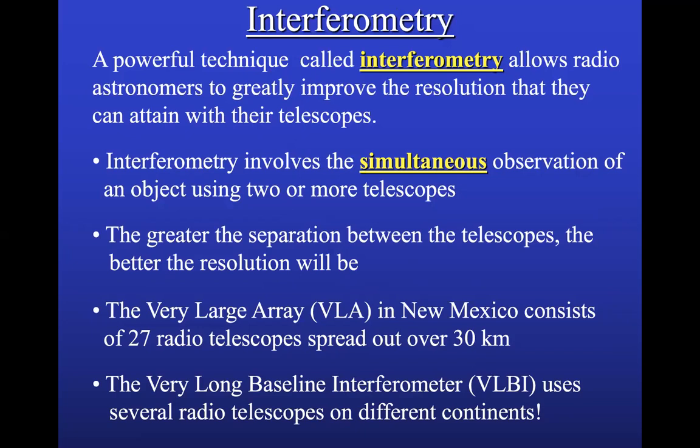Now, to improve the resolution of radio telescopes, a powerful technique that we use in physics is called interferometry, right? This has actually allowed astronomers to increase the resolution of the telescopes by a large amount. Interferometry allows simultaneous observations of an object using two or more telescopes.